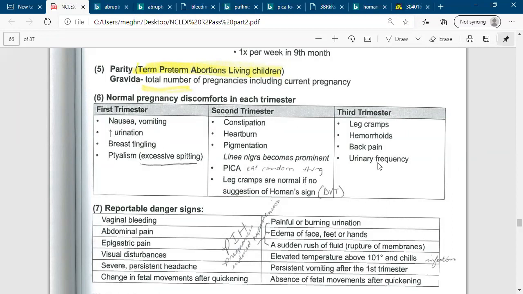In urinary incontinence, the mother has difficulty controlling the sphincter of the urinary bladder. But if the mother does the Kegel exercise, it can prevent urinary incontinence.